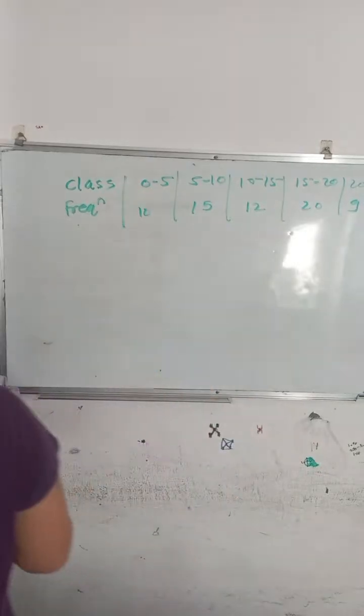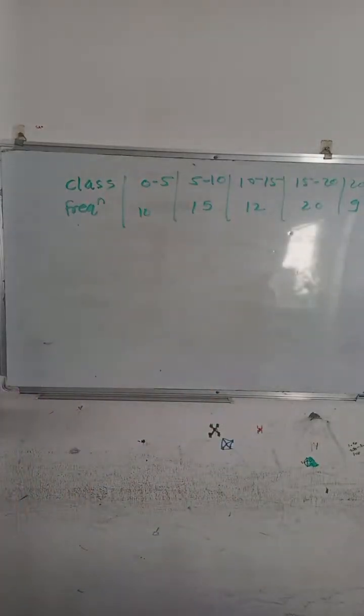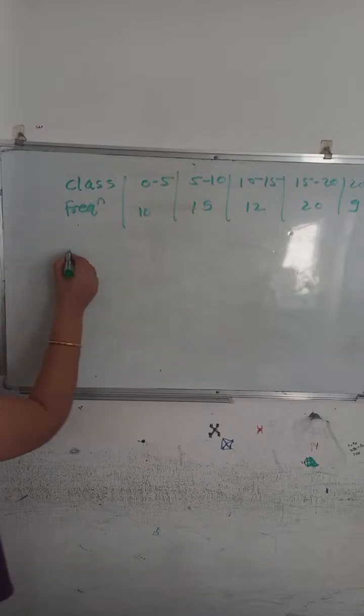They are asking here the upper limit of the median class. Don't guess the answer. Solve this, because here also you are making mistakes in statistics. If we want to find the upper limit, then first find n.